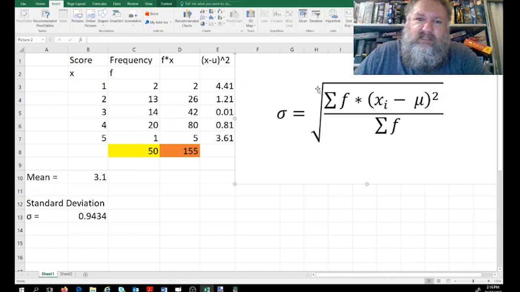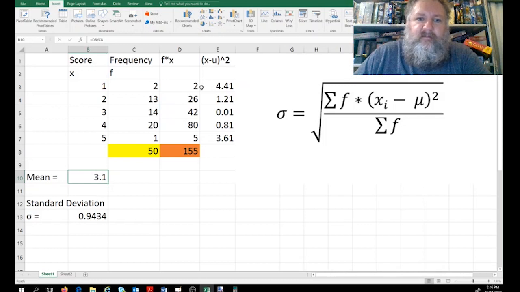Well, what that means is each value of our score, what we are going to do is take that number away from our mean, which is down here.